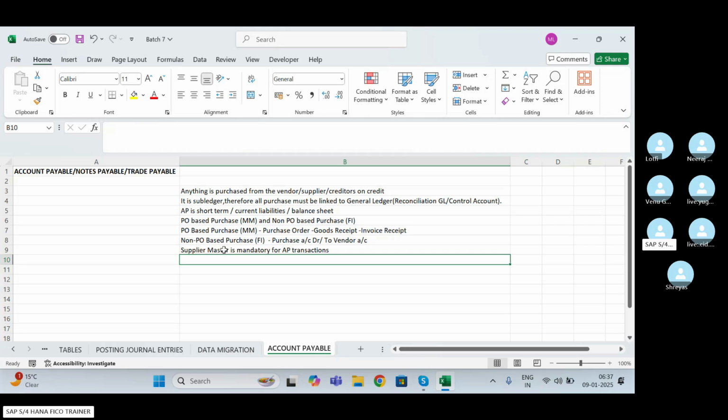Let's say Coupa is there, Beam software is there, Tungsten is there. A lot of tools are there. So that makes your implementation a little difficult.